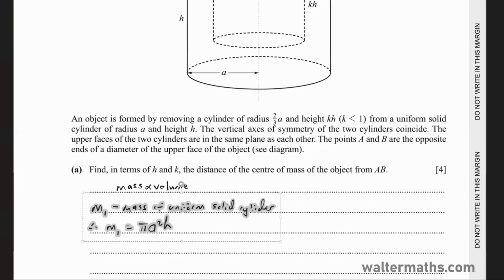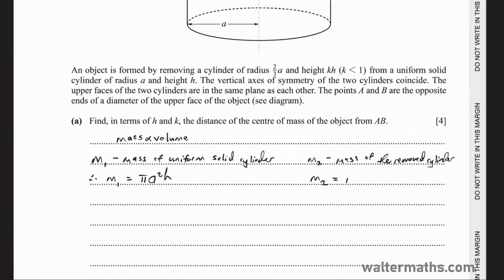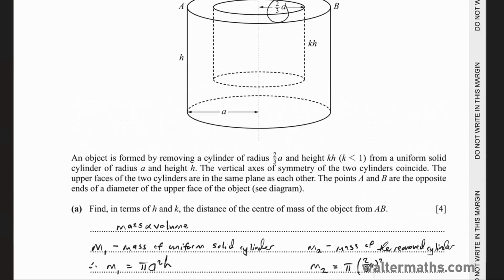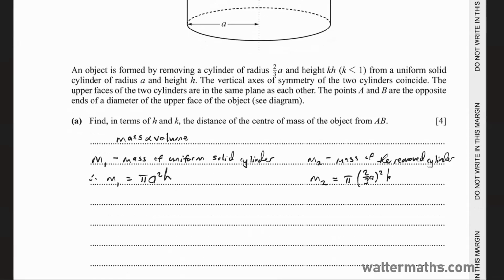Now we're also going to have M2. M2 is the mass of the removed cylinder. So the removed smaller cylinder here has a radius of 2/3 a. So for its volume, it will be pi times (2/3 a) squared, and its height is kh, so times the height, kh.